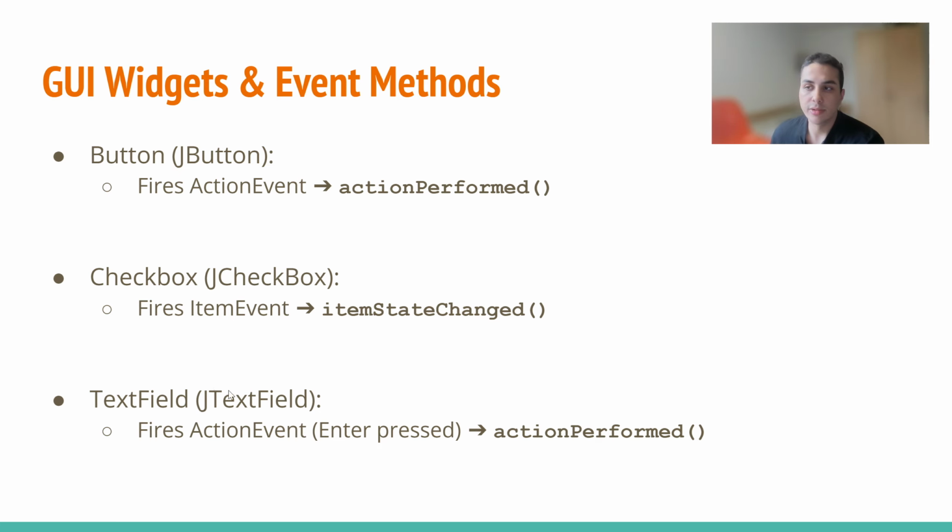Additionally, for key-by-key handling, the text field can have key listeners to respond to keyPressed or keyReleased events. For example, when you make video games and you press the D key, let's say to go right, or the right arrow key, you want it to stop when you release the button. So we are also listening for key pressed and key released.